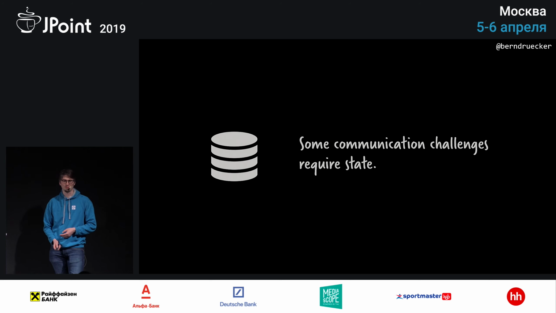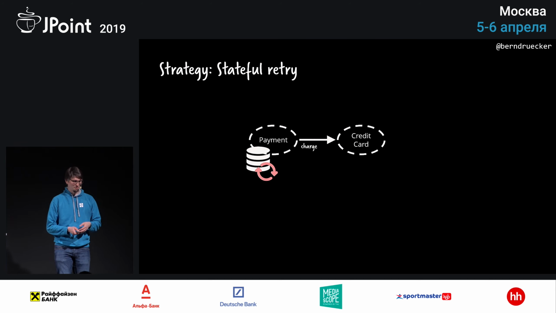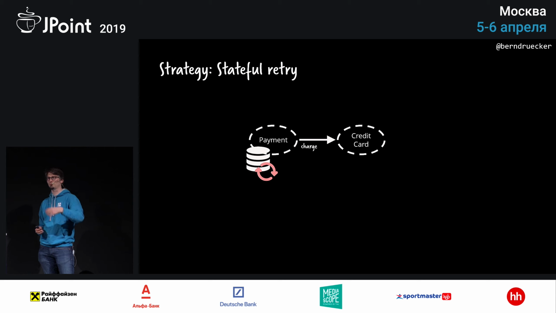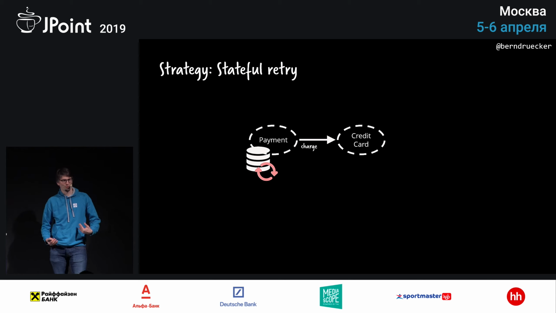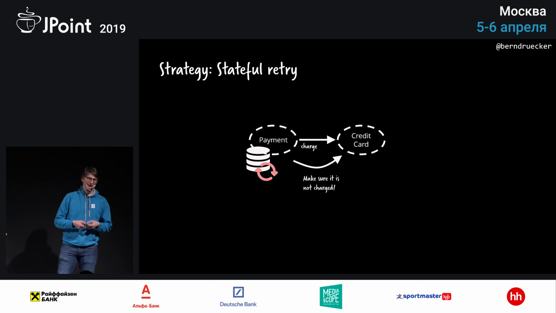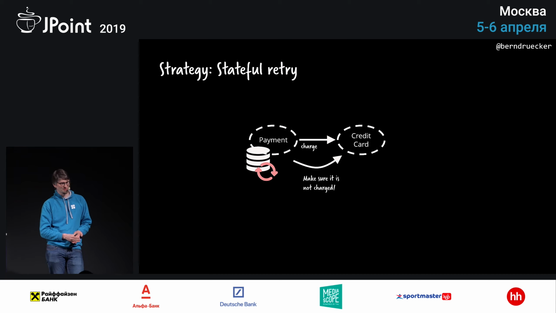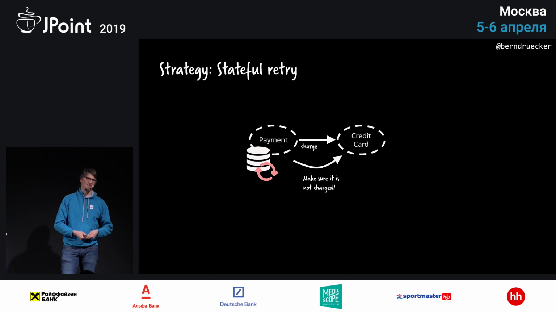If we take that example, I do the charge, I probably retry it, and that's an external service. If they have an outage, I don't want to raise an error because I want to collect the money. That's good for the company, right? So I probably retry that for minutes. And if I cannot charge it, if I raise the error, I can make sure, even if that takes 4 hours, that it's not charged. And therefore, you have to keep state about that.